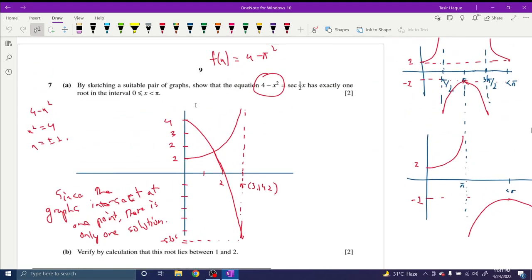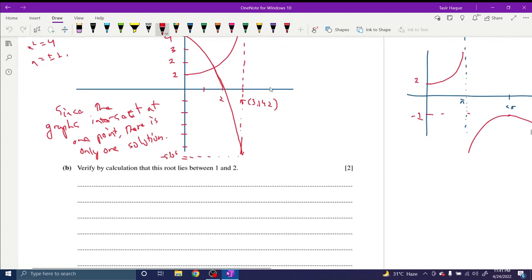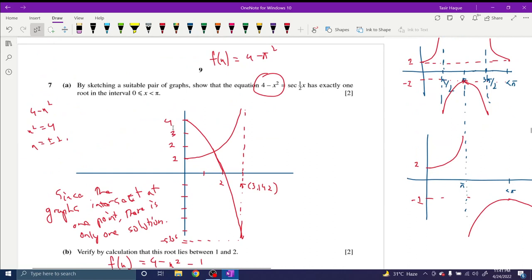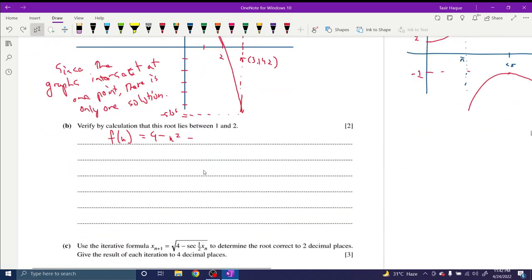What do we need to do? We basically need to bring them to one side and form an equation. There are multiple ways to do this. For example, we can form a function f(x) is equal to 4 minus x squared minus sec half x.